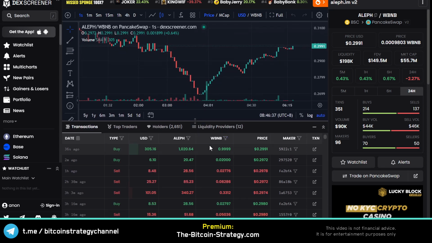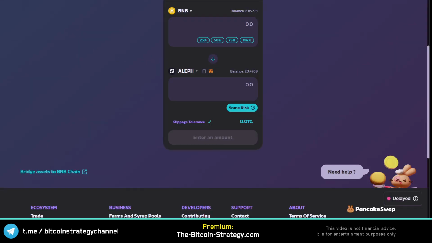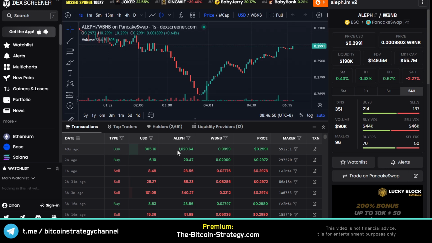So he'd be selling just before my transaction goes through, and he makes money from that. But what we also see now is that we actually got a better price, right? We increased the price here. If I wouldn't have just taken $300, but let's say 1,000, then the price would have moved even more.